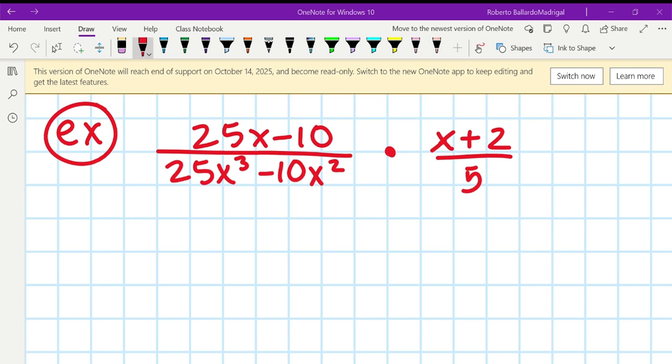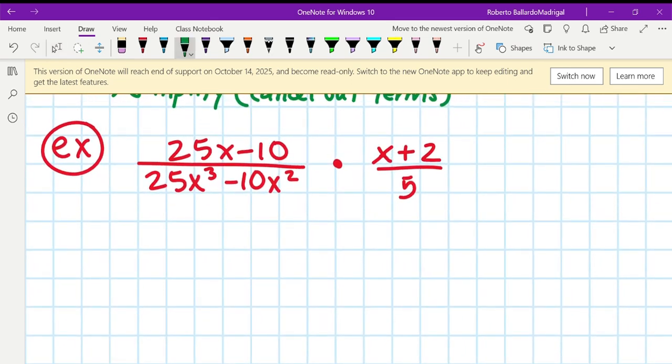They share 2 variables. So this is what's going to happen. From the top, our GCF will be 5. Underneath, our GCF will be 5x squared. Okay.